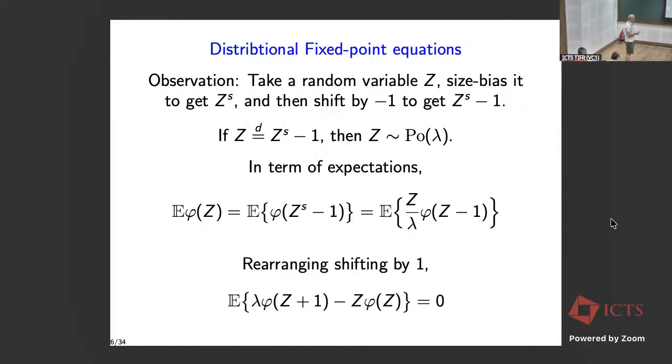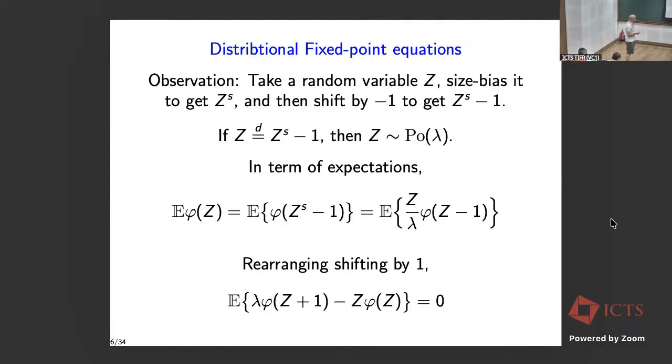That's the definition. So you put in the size bias minus 1, that has the same distribution as Z. But now you write out what this is, and taking expectation against the size bias is just taking expectation against the original one with the variable added in front as a factor and divided by its mean.